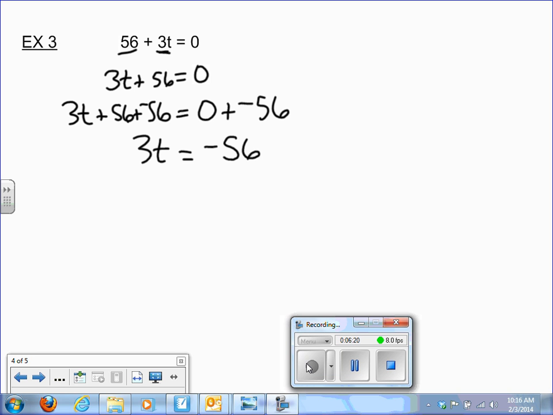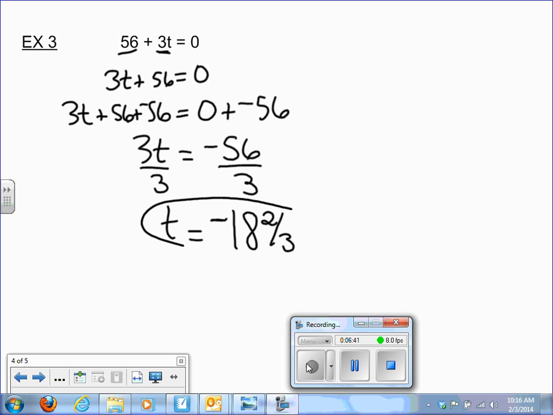Good. What are we going to do to both sides? Divide by 3. And t is going to equal, who can tell me what t equals? Hannah: 18. Yes. What kind of an 18 though? Oh, negative. Sorry. That's okay. Negative 18 and 2/3, because we have to remember we have a negative 56 divided by a positive 3.